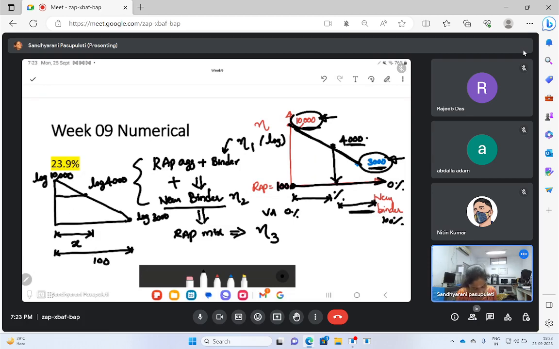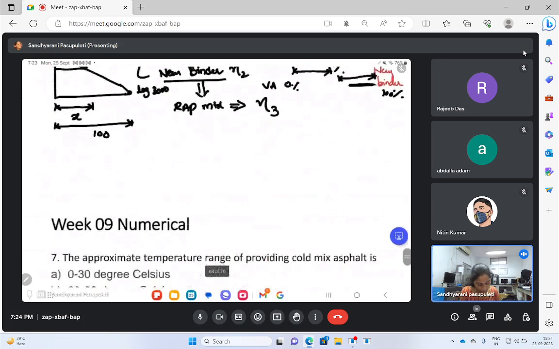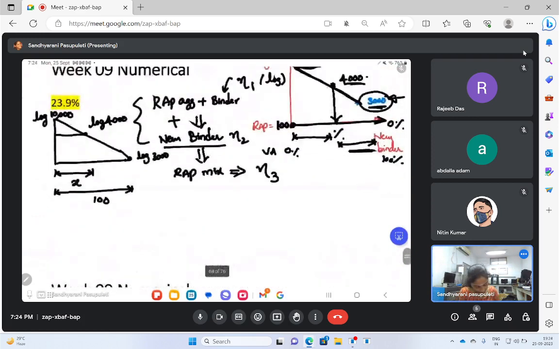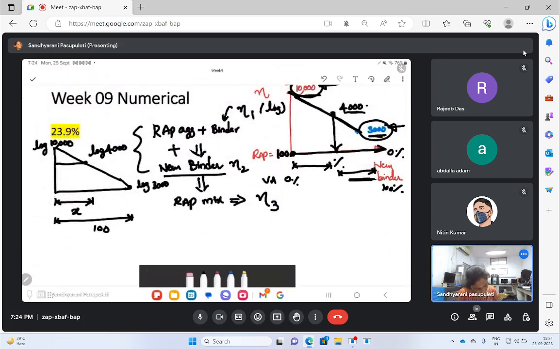Okay. So from the interpolation, what can be written? Log of 10,000 minus log of 4,000 divided by log of 4,000 minus log of 3,000.